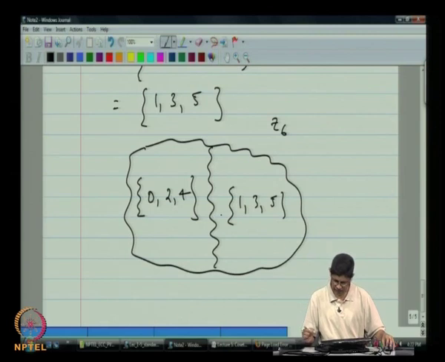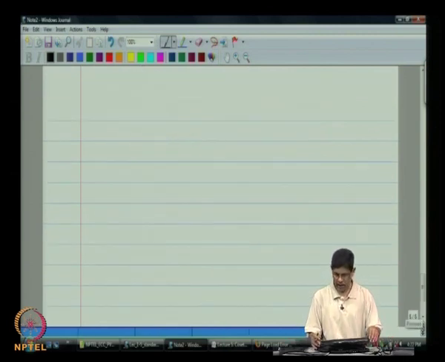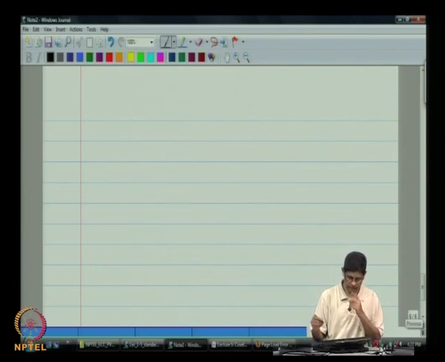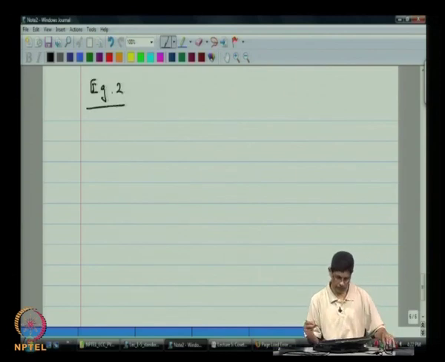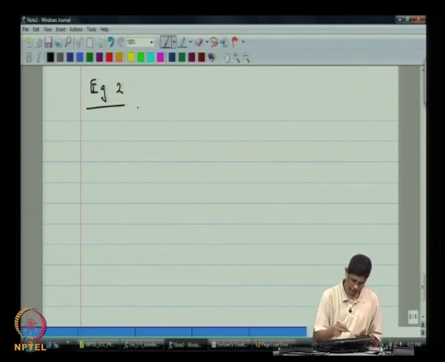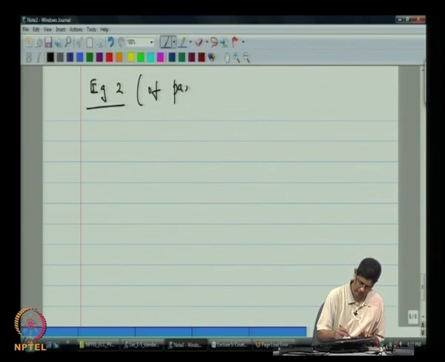Alright, so that's one example. Now let's look at a second example. So this is the example of partitioning into equivalence classes.